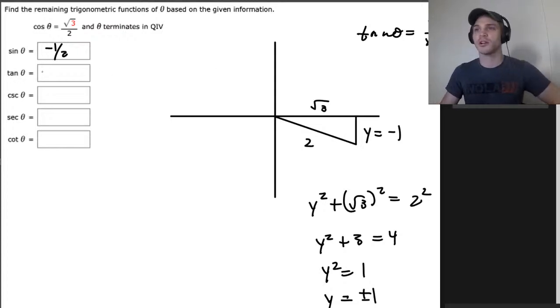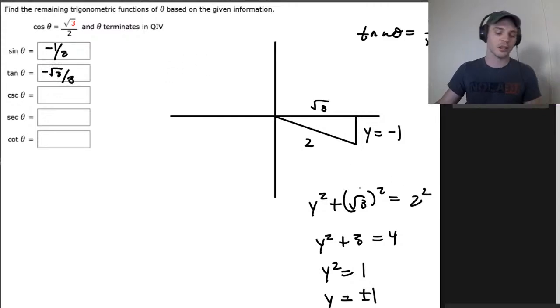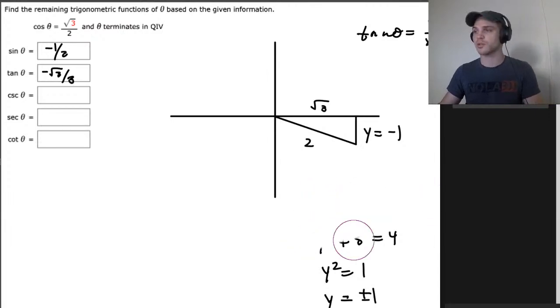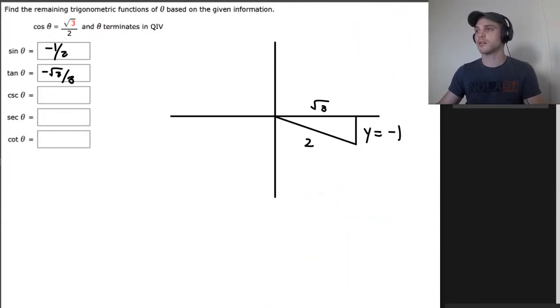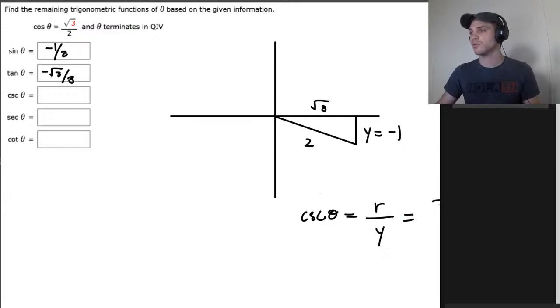That'll be our answer, negative root 3 over 3. Cosecant is the reciprocal of sine. So the cosecant of theta equals r over y, and so we've got 2 over negative 1, which is negative 2.